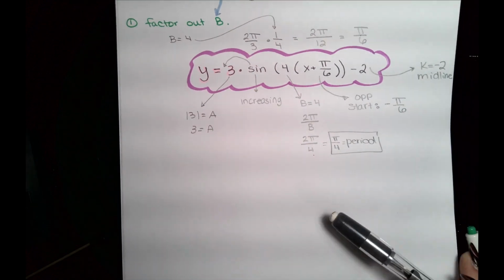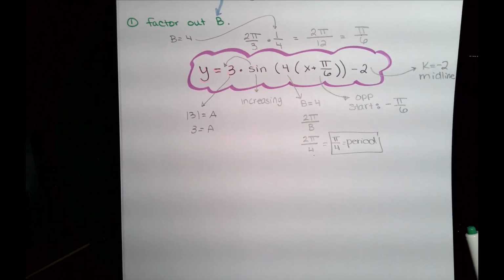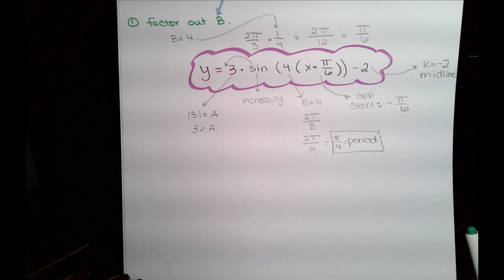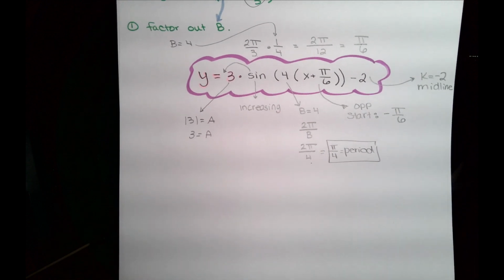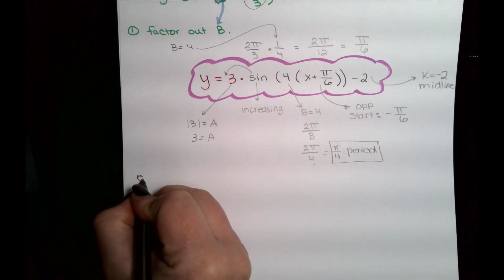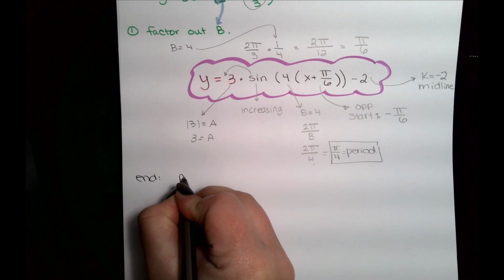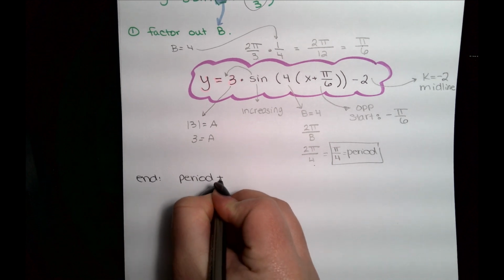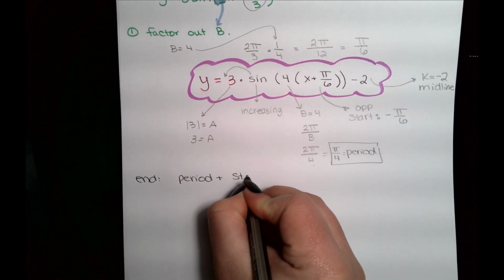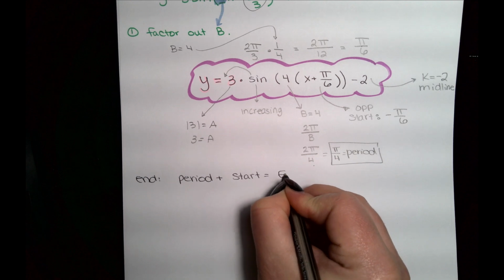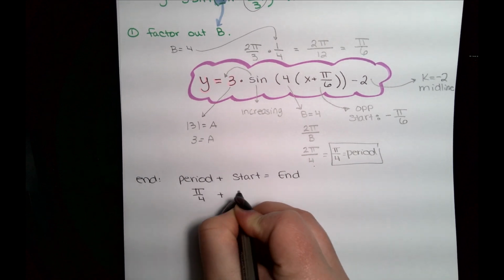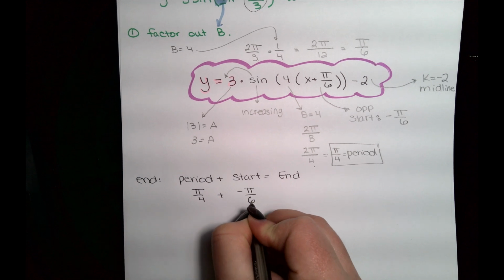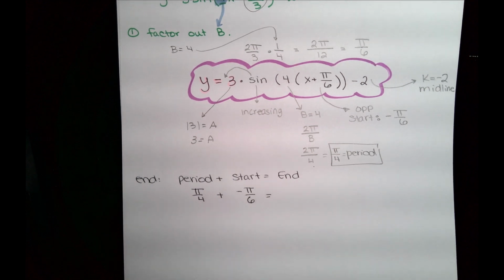Technically, two pieces of information that are not provided by the equation are your end value and your distance between your x's. So for our end value, we are going to be taking our period, adding to that our start value, and that's equaling our end value. Our period is pi fourths. I'm going to add to that our start value of negative pi sixths, and then common denominators.